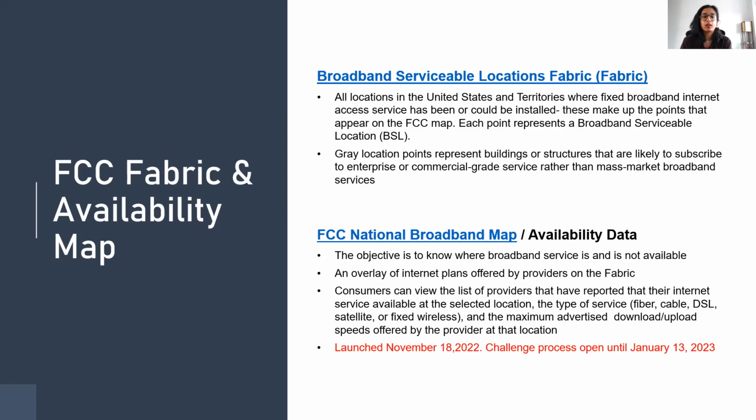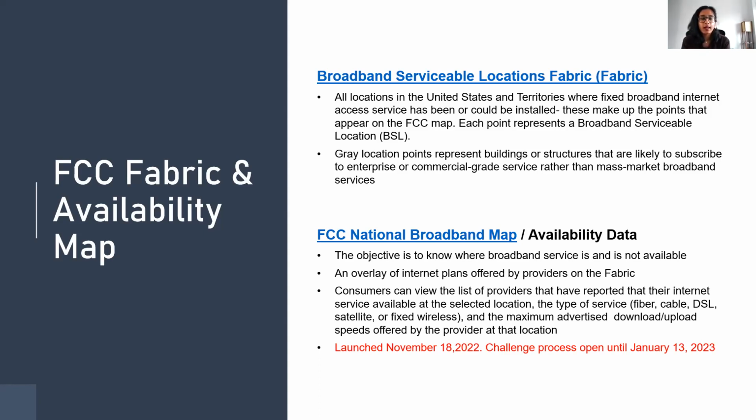The next one is the FCC National Broadband Map, also referred to as the availability map. The objective is to make sure that high-speed internet is provided to all across the country, and the first step is knowing where service is and is not available. That is the purpose of the availability map, helping us know specifically where there is service and where there isn't.